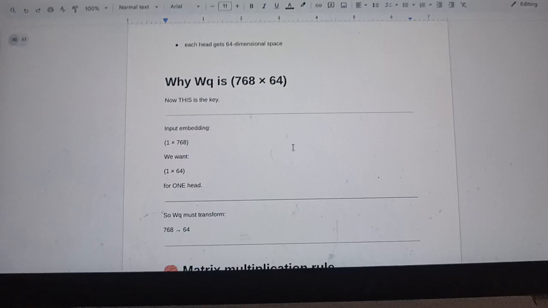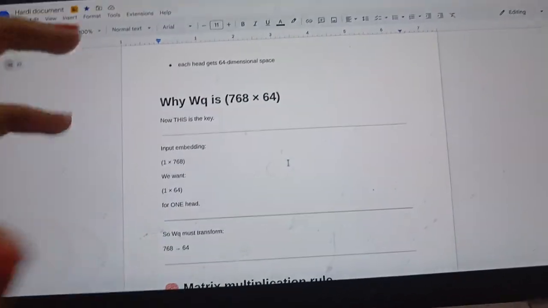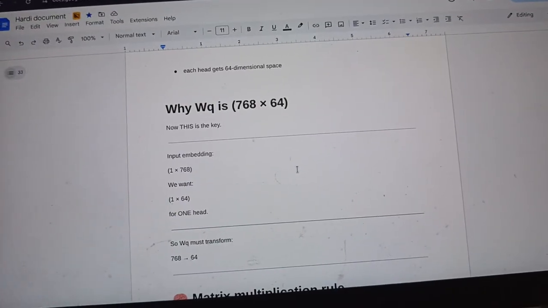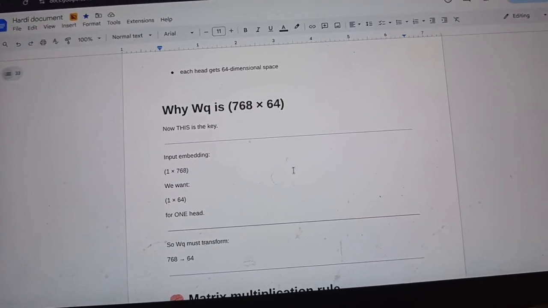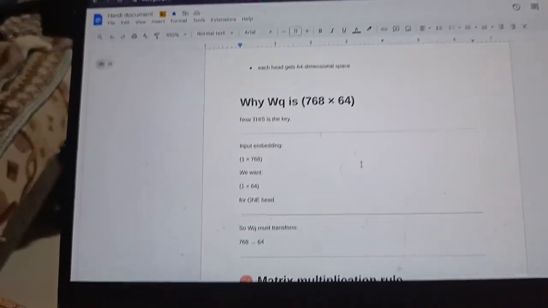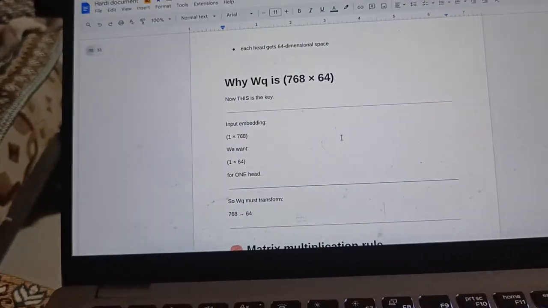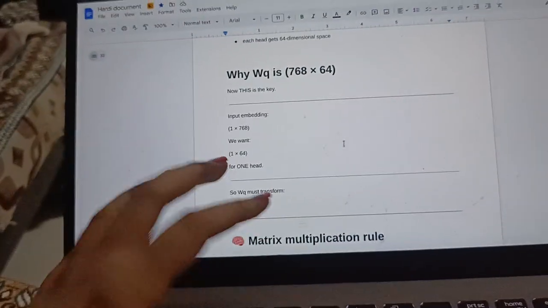So see, now this is actually a cross multiplication. The dimensions should match in order to multiply. So we have the input embedding, and we want 1 into 64 for one head. So WQ must transform itself from 768 to 64.